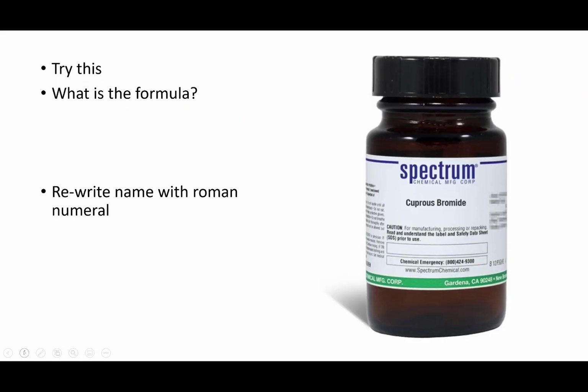Try this. Cuprous bromide. Hit pause. I want you to, from the name, come up with the formula and try writing the Roman numeral name. Give it a try, then we'll go through it together. Okay, cuprous. Copper can come up with a +1 or a +2. Cuprous, so this is the little one. Cu plus 1.